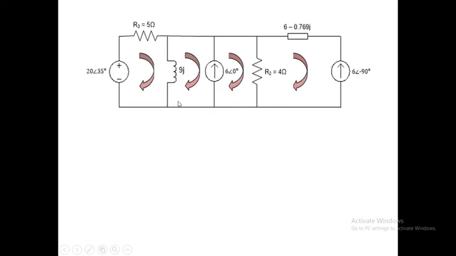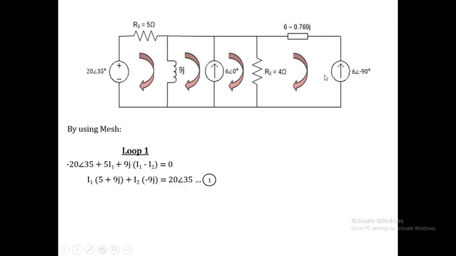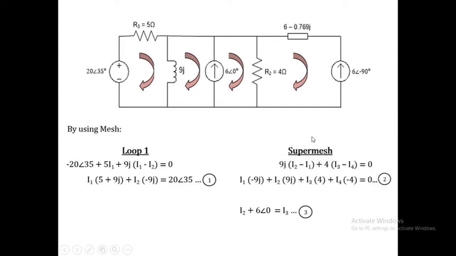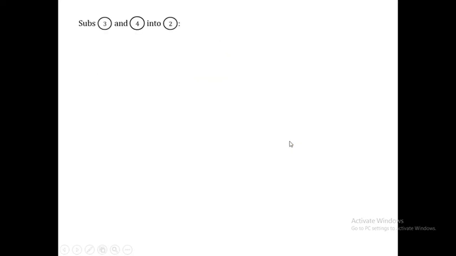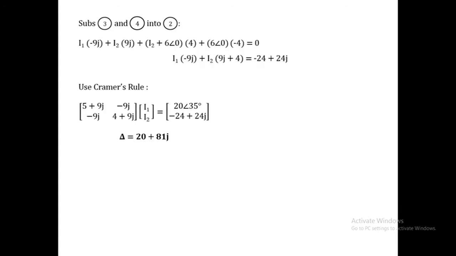After that, calculate the current from each loop by using mesh analysis, where we get the current from loop 1, the super mesh, which is loop 2 and loop 3, and also from loop 4. Then, substitute equations 3 and 4 into equation 2 and use Cramer's rule to find the determinant.